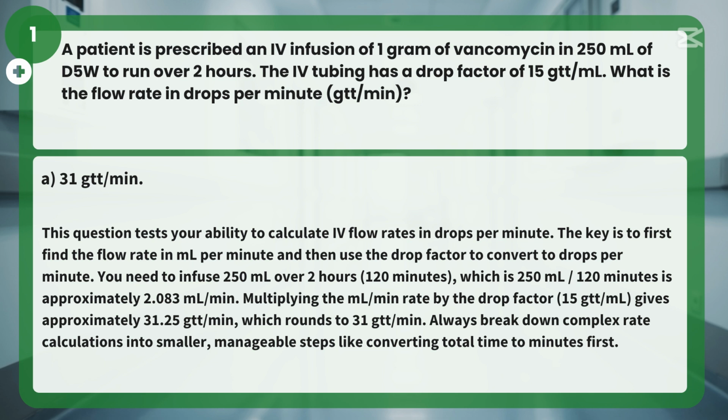Multiplying the ml/min rate by the drop factor, 15 gtt/ml, gives approximately 31.25 gtt/min, which rounds to 31 gtt/min. Always break down complex rate calculations into smaller, manageable steps like converting total time to minutes first.